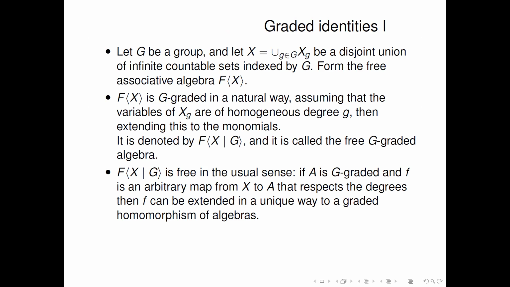Okay, it will be graded in a natural way when you assume that all the variables in X_g are of homogeneous degree g. Then extend this to the monomials. And this way, you get the free graded algebra. It is free in the usual sense, as in the ungraded case.